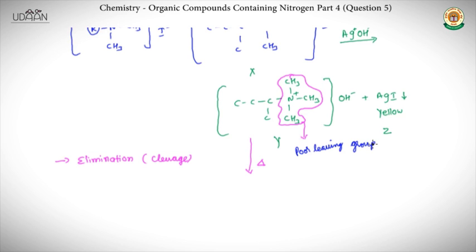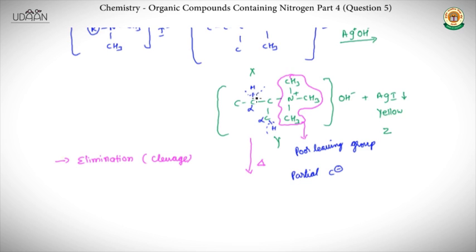You will be taught in your alkyl halide chapter and also in your alkene chapter that in the presence of a poor leaving group, the intermediate possesses a partial carbanion character. So you have two hydrogens which are of our interest, this one and this one.